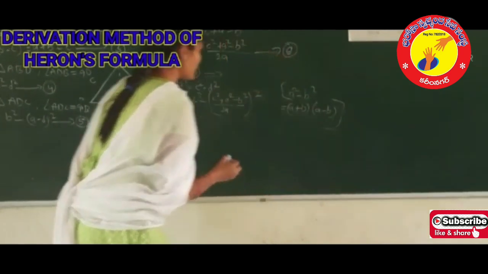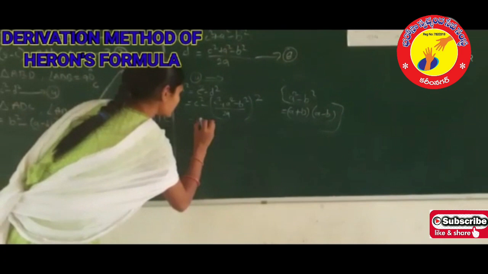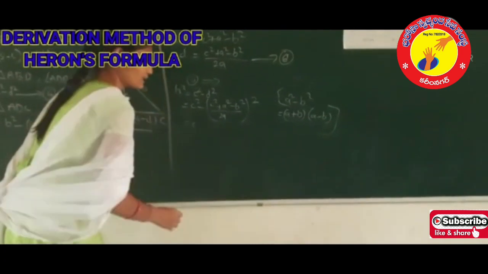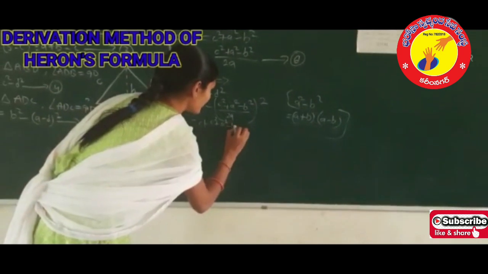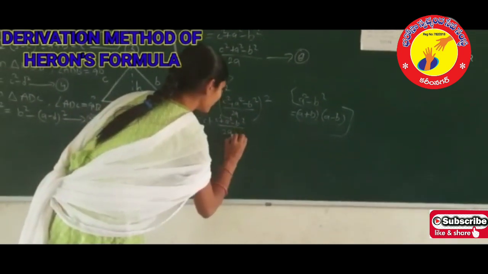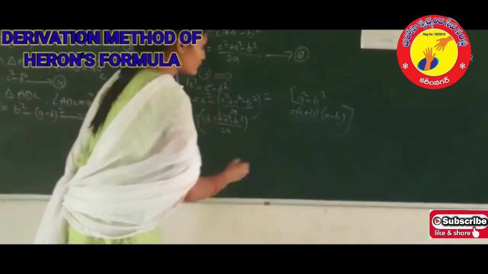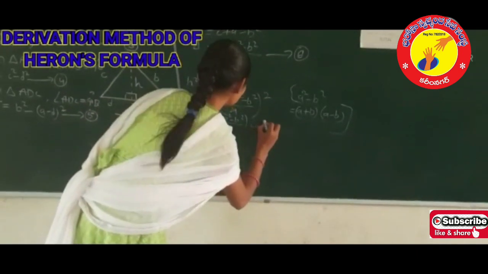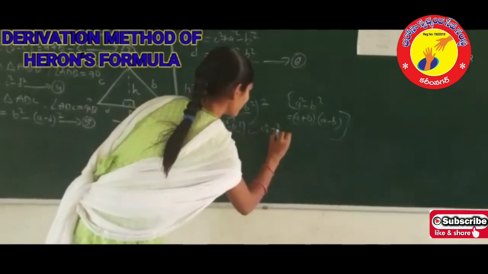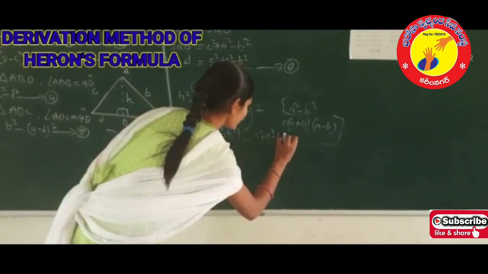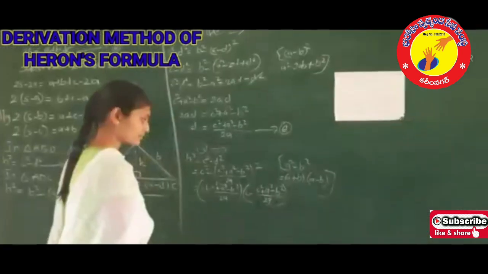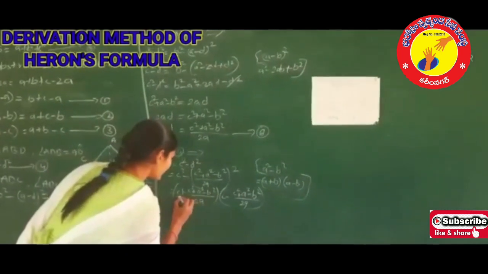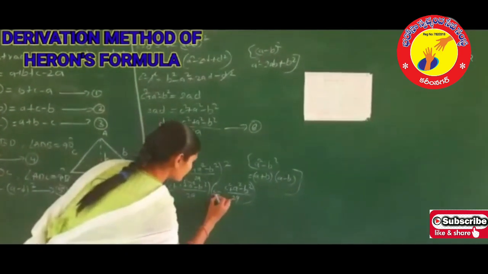We use this formula, we get c square, nothing but c, plus (c square plus a square minus b square by 2a) and minus (c square plus a square minus b square by 2a). Conventionally we take c by 1 and c by 1.